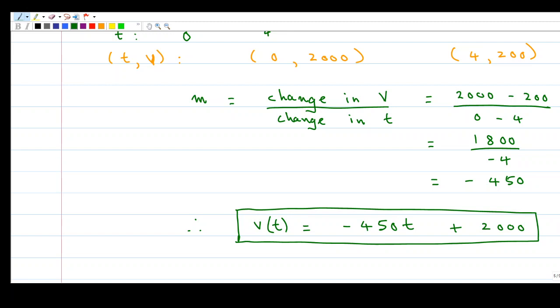If you want to visualize what's happening, it's something like this. Your y-intercept is 2000.